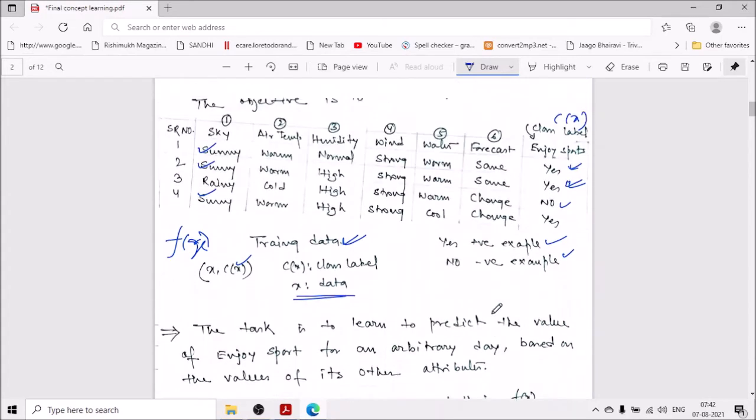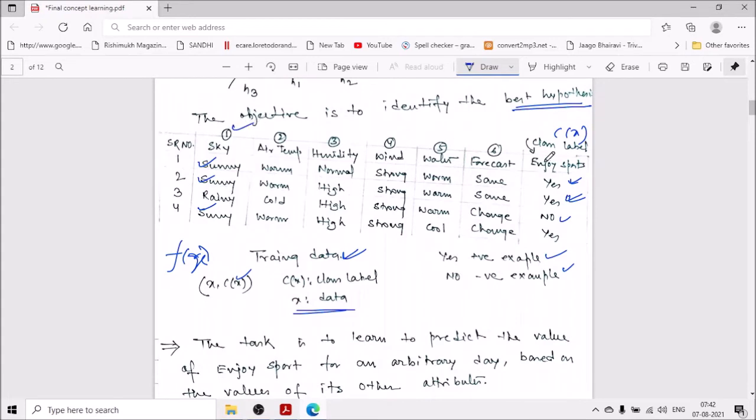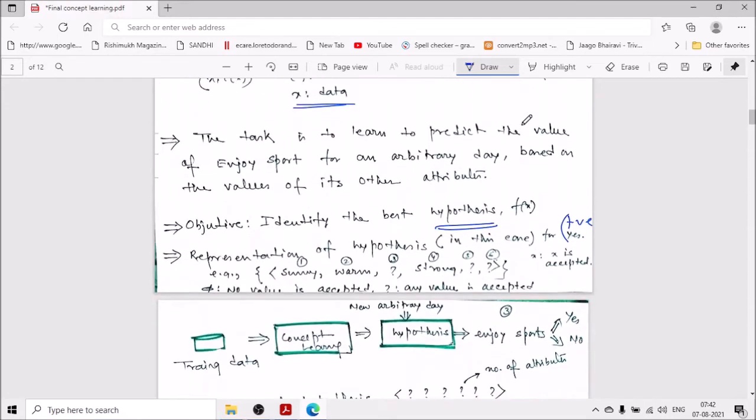Since in our training data set, 6 attributes are there, in a hypothesis also there must be the same number of attributes. Now in the hypothesis we will use some notation.